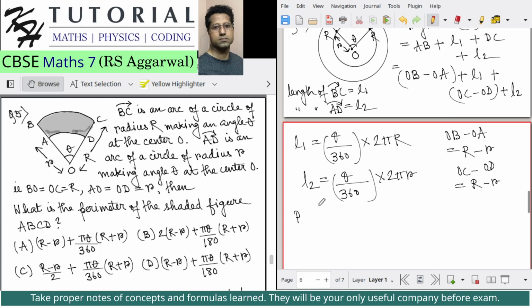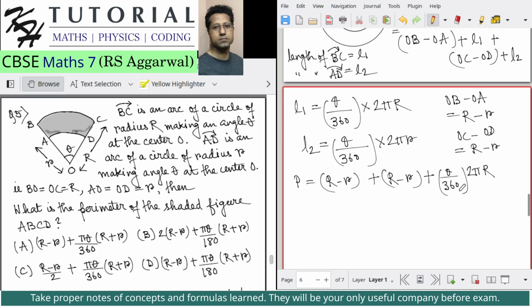Okay. So now perimeter equals OB minus OA, which is capital R minus small r, plus OC minus OD, which is also capital R minus small r, and then we have L1, which is theta by 360 multiplied by 2 pi capital R, plus L2, which is theta by 360 multiplied by 2 pi small r.